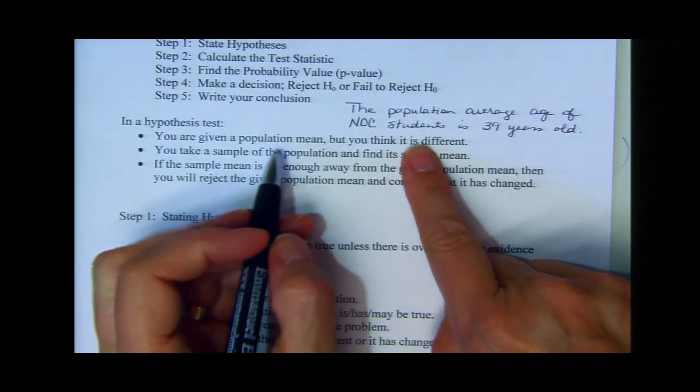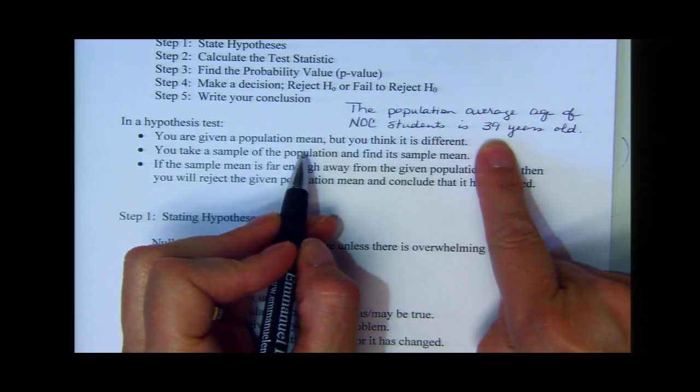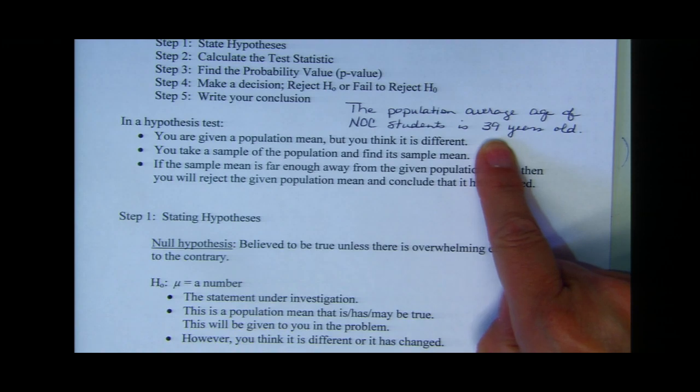So you're given a population mean. We're saying that for all NOC students the population average age is 39 years old.